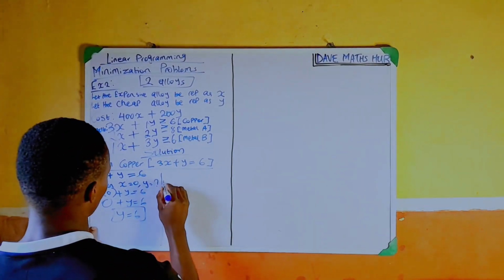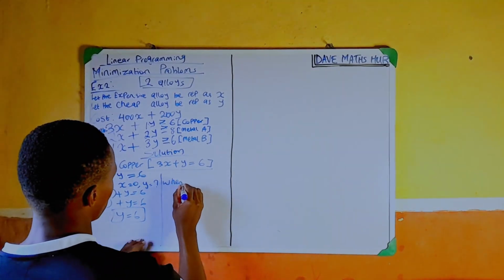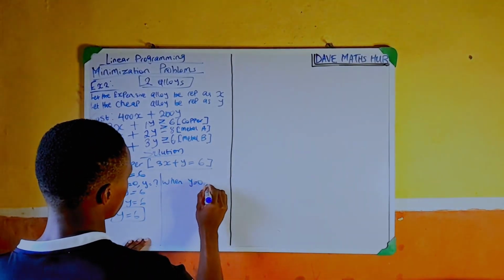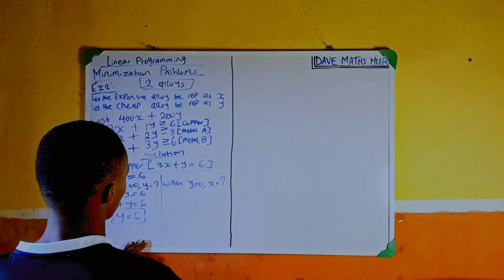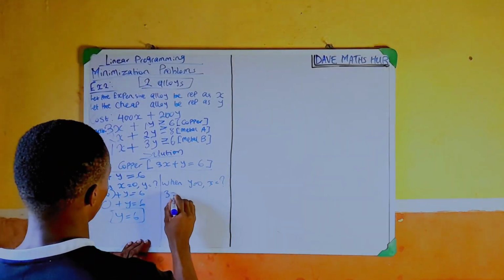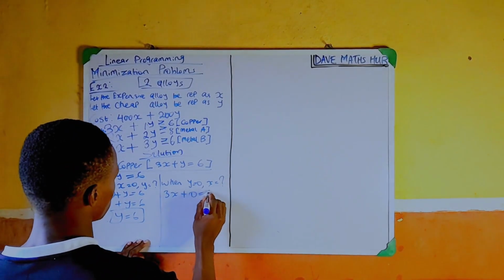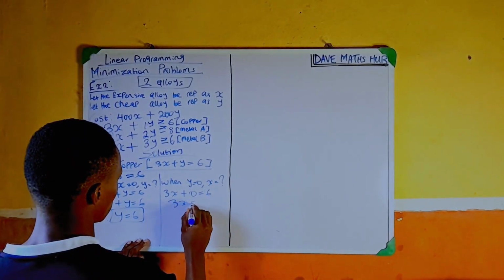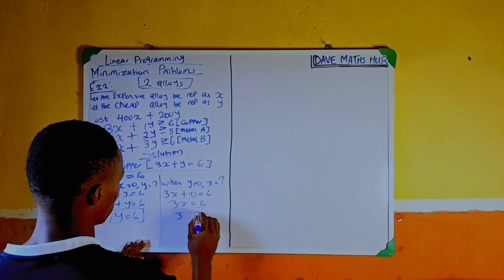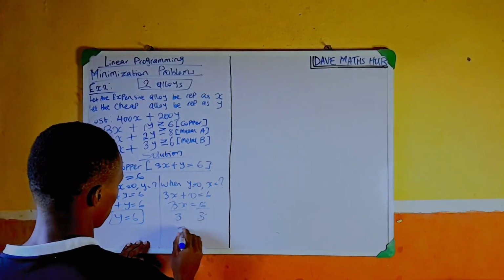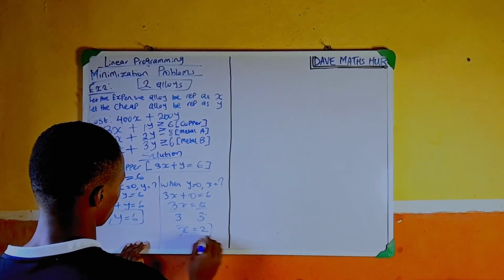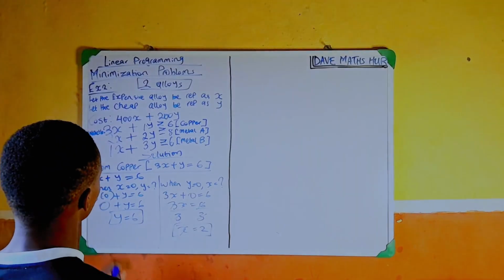Alright. Now, when y is equal to 0, x is equal to what? 3x plus 0 equals 6. 3x is equal to 6, over 3 over 3. x is equal to 2. So we've gotten the constraint for copper.